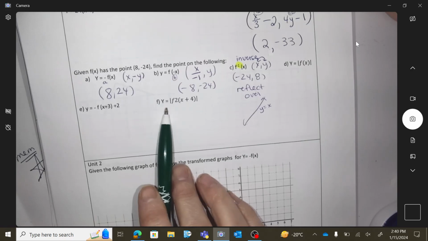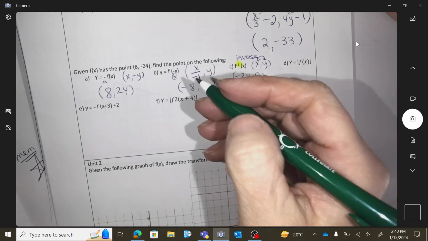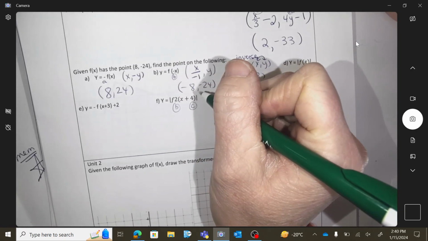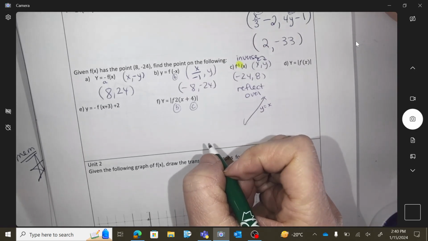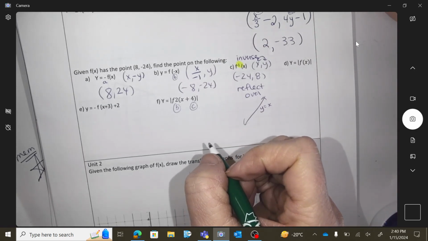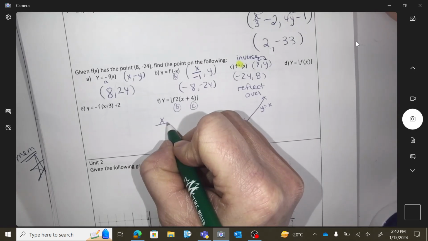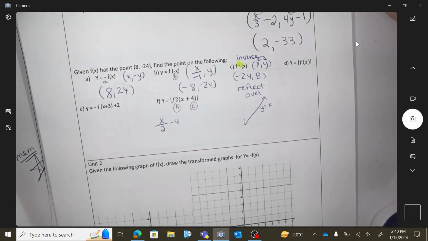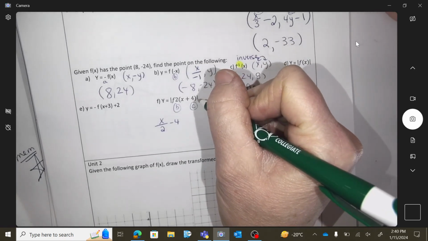Okay, let's go to F here. This is a B, this is a C. I don't really like this question. I wanted a different one. There's a B and there's a C. And what do the absolute values do?